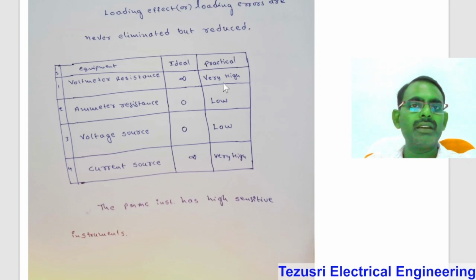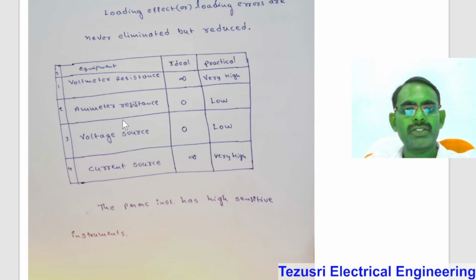Some points to remember are shown here: the ideal resistance and practical resistance of the instruments and sources. The voltmeter resistance is ideally infinite, but practically it is very high.